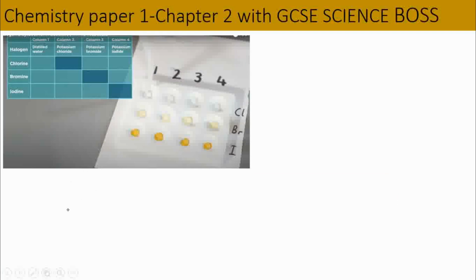Now, to prove which halogen is more reactive than the other halogen, we do what is called a displacement reaction in a dimple tray. Don't know if you remember doing that, but what we will have here, as you can see in the first column here, is distilled water. So in essence, what we have here are all our halogens.